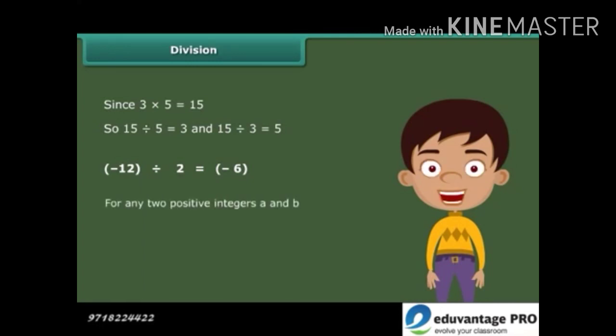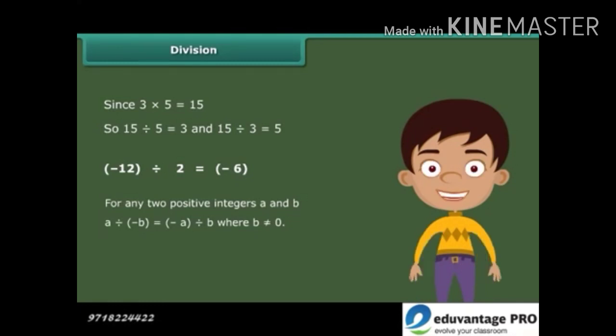In general, for any two positive integers a and b, a ÷ (-b) is equal to -a ÷ b, where b is not equal to 0. When we divide a negative integer by a negative integer, we first divide them as whole numbers and then put a positive sign.